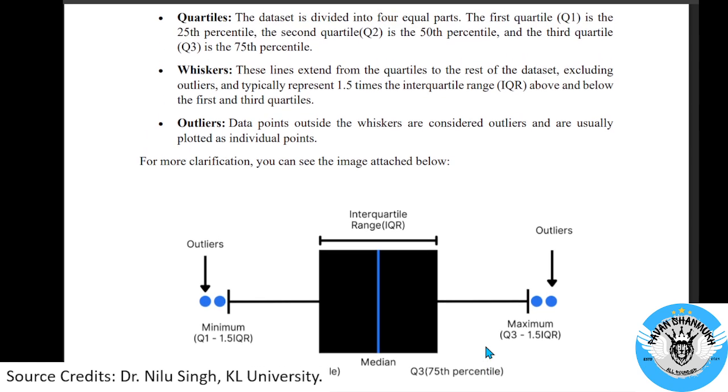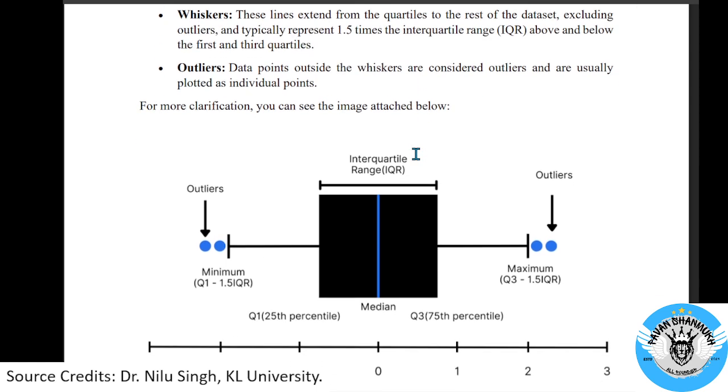So quartiles are the three points that divide the data into four equal parts. From here to here is the first part, then the second part, the third part, and the fourth part. So 1, 2, 3, 4: four equal parts.